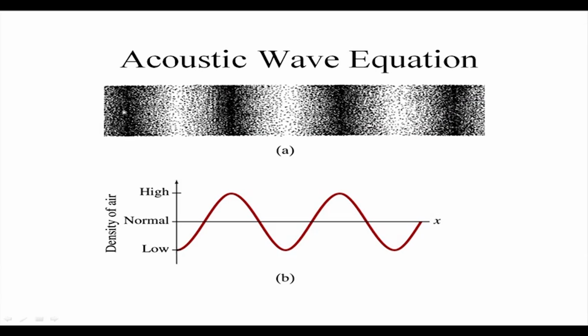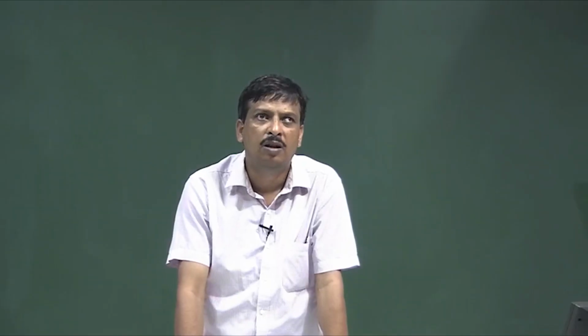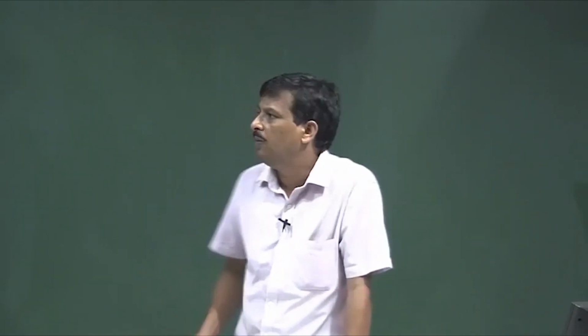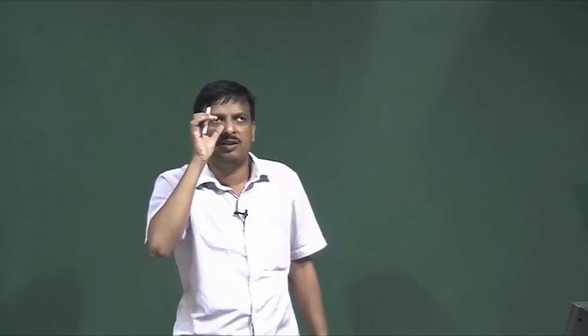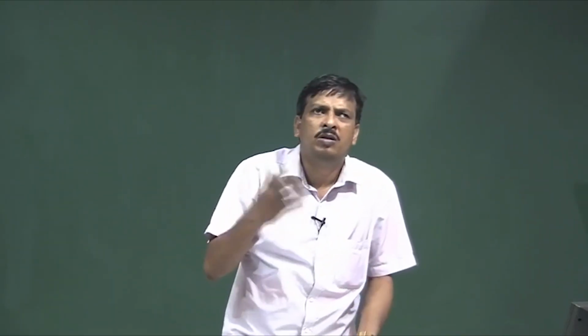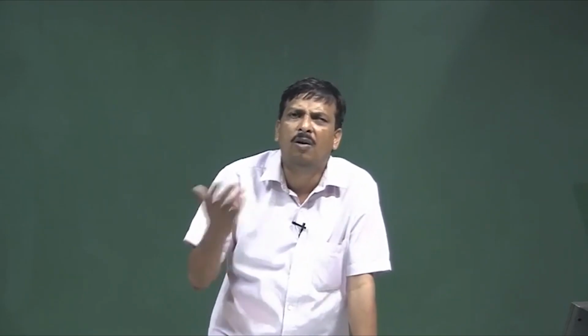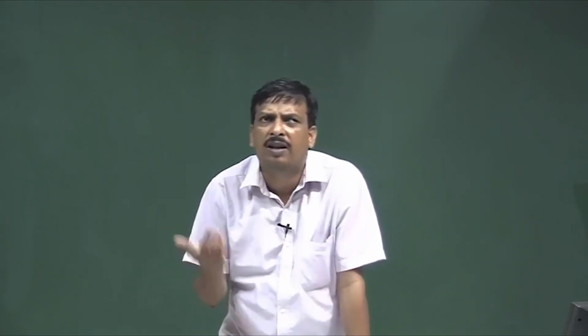This portion is denser, this is weaker, and that way the acoustic wave is propagated. Is the acoustic wave a transverse wave or what kind of wave? It is a longitudinal wave. So it travels through condensations and relaxations.